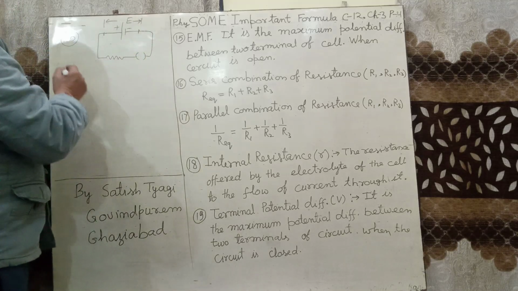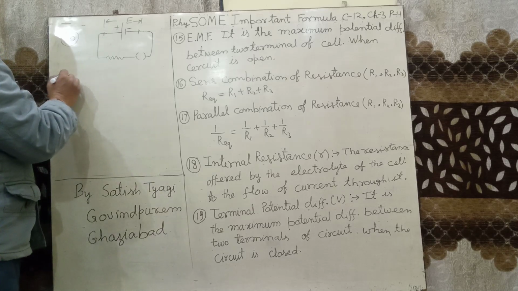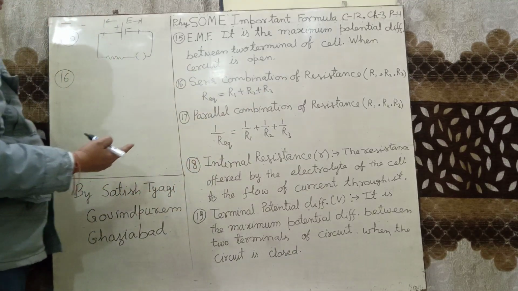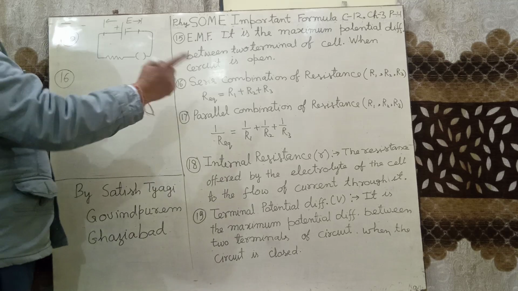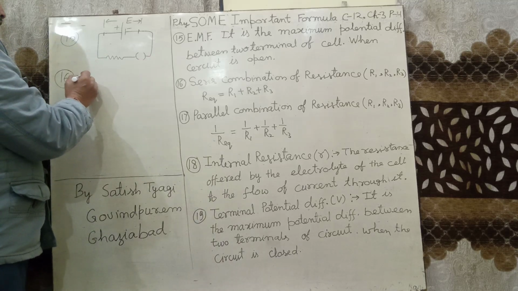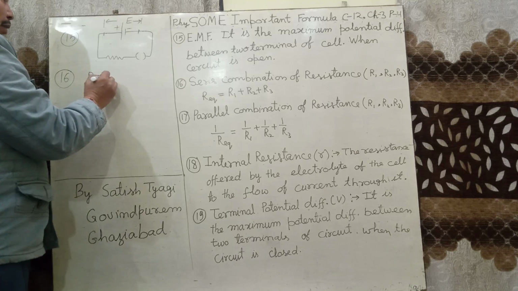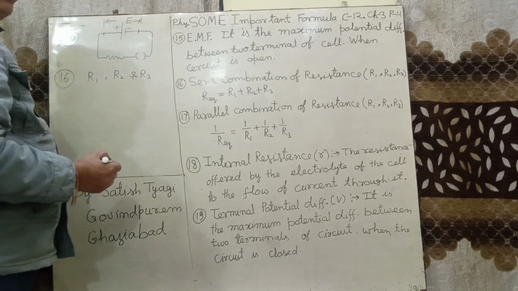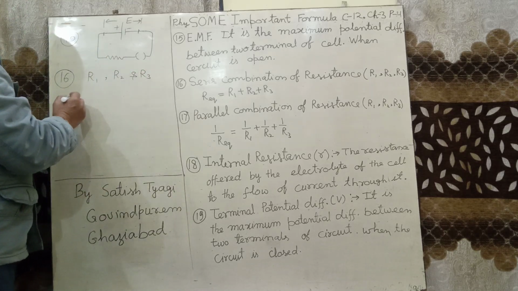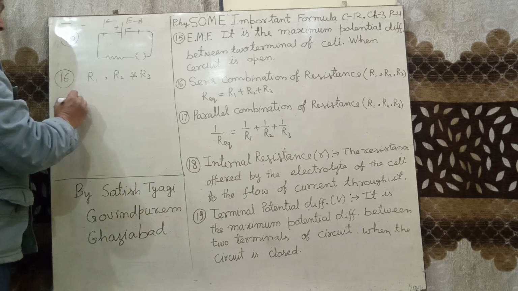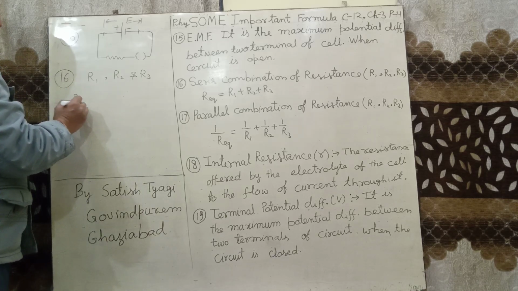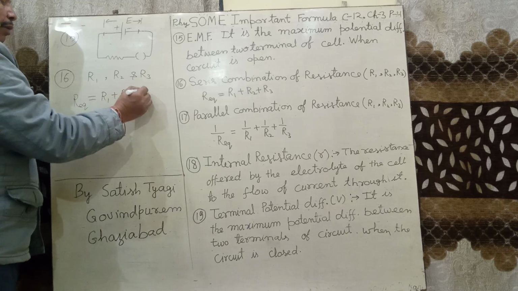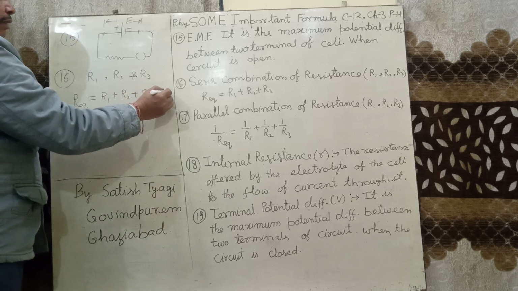Now I am telling you formula number 16, the series combination of resistances. Let three resistances R1, R2 and R3 be given. Then the equivalent resistance R_eq equals R1 plus R2 plus R3 plus so on.